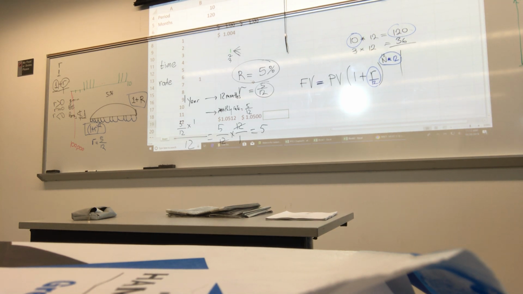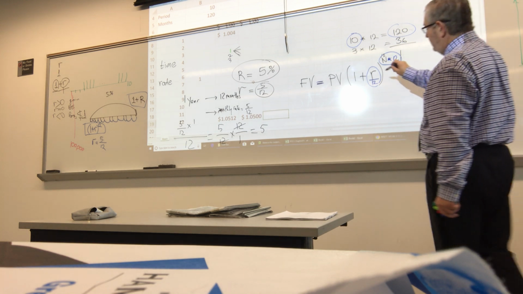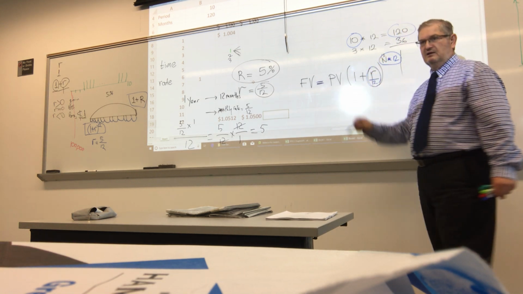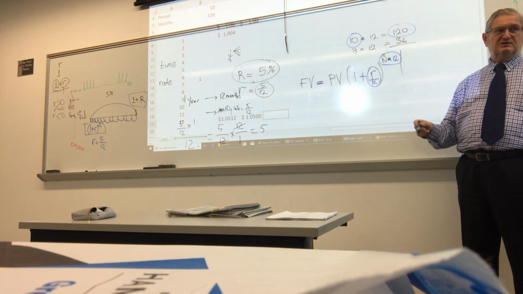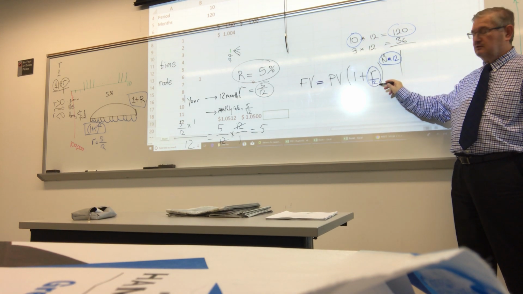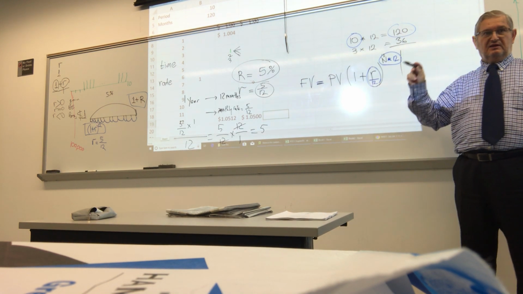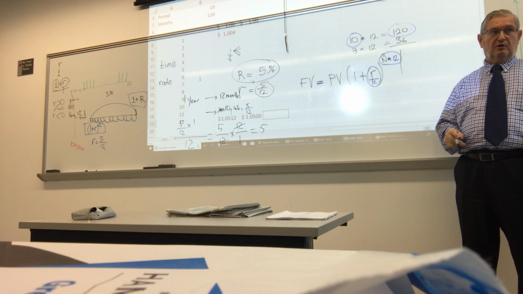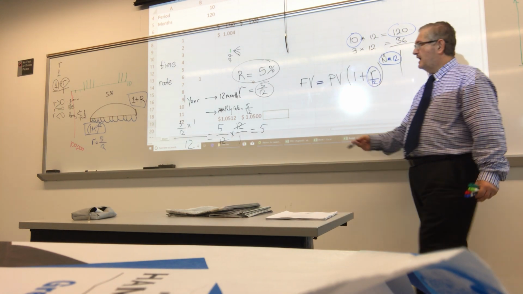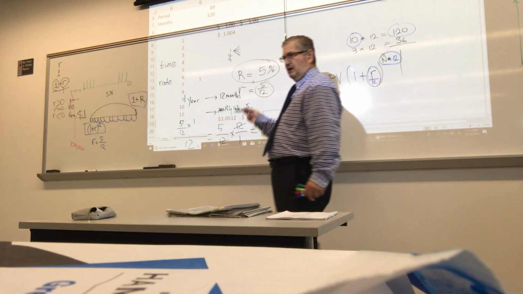And I want to make the evaluation in monthly terms for that period. What would I have to do? I would have to use a monthly rate in such a way that the monthly rate for the same period would be exactly the same as the annual rate.